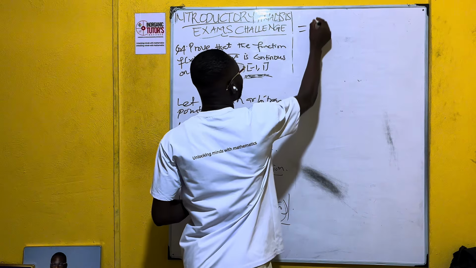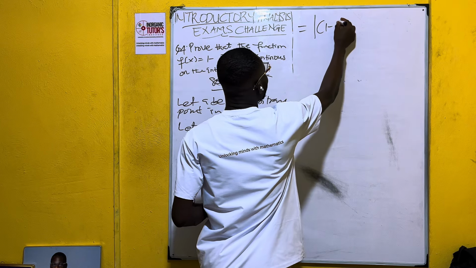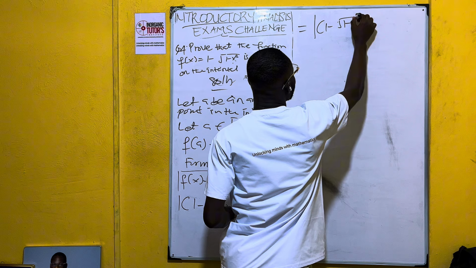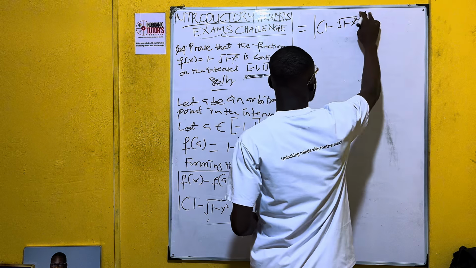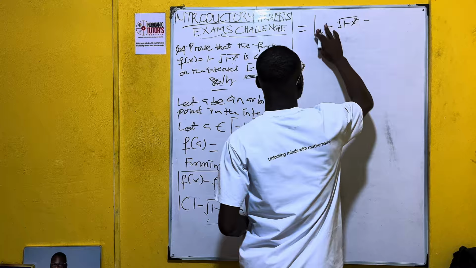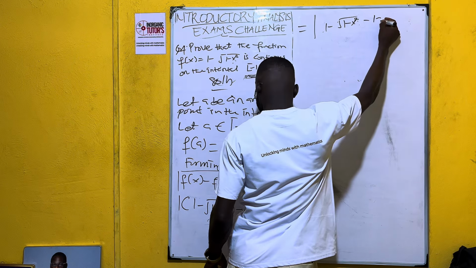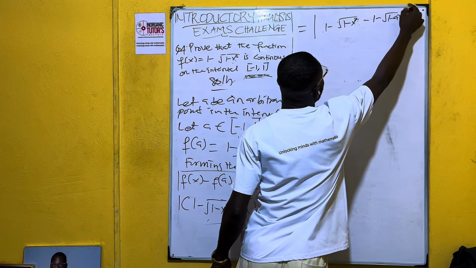Then we're going to have absolute value of 1 minus square root of 1 minus x squared, minus 1 minus square root of 1 minus a squared, right?